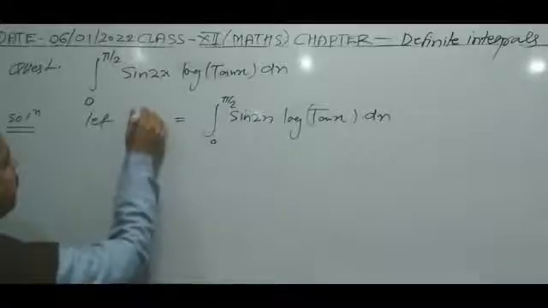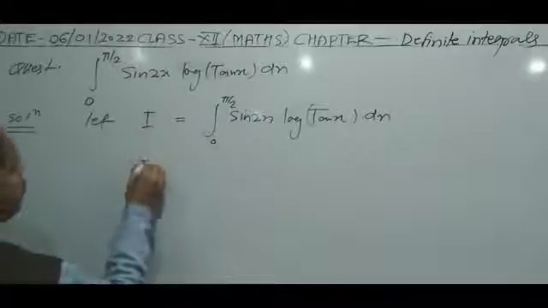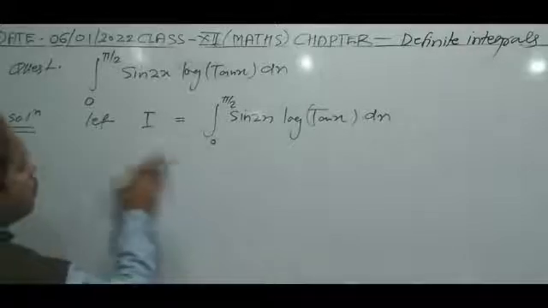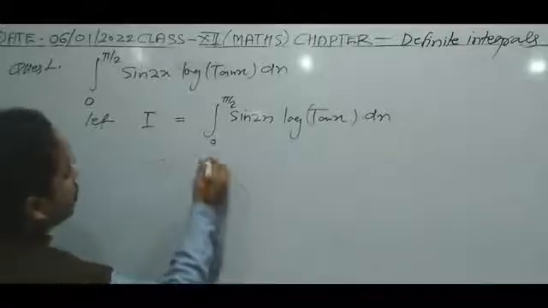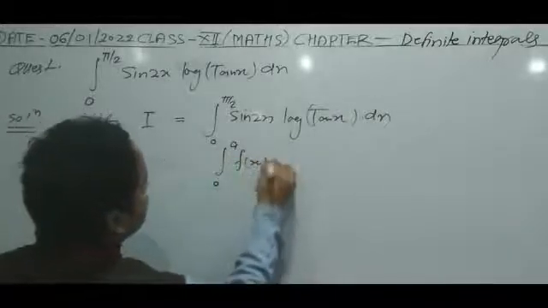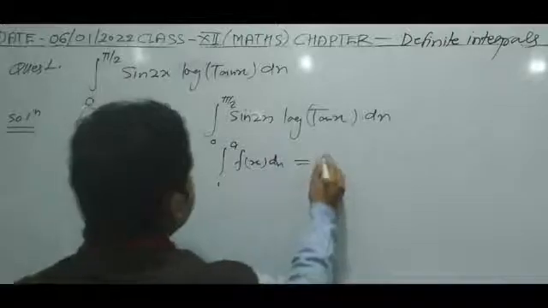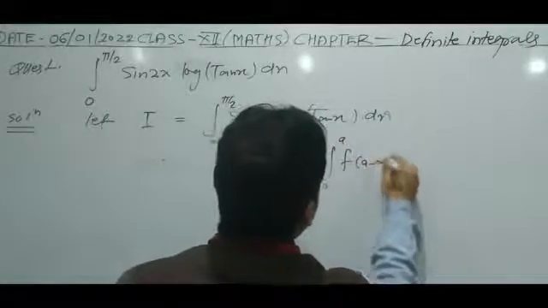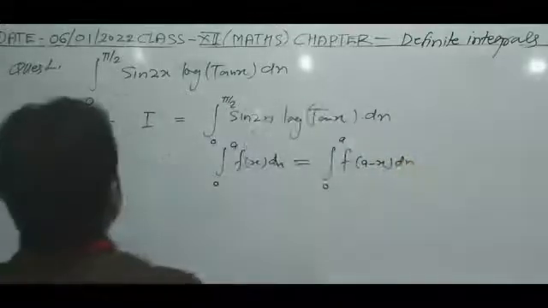Now by using the formula we can write, integration over 0 to a of f of x dx is equal to integration over 0 to a of f of a minus x dx.